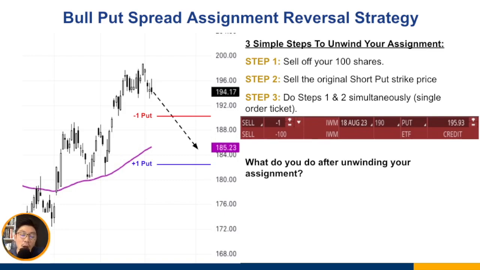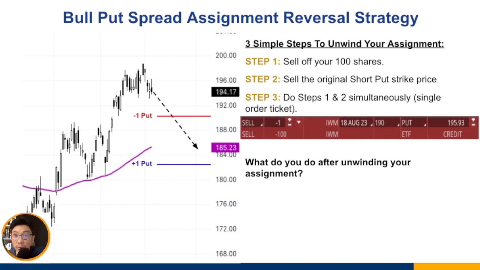Because now remember, although you have unwound your 100 shares, you have now put back on the short put strike, which had already been assigned before. So if it had already been assigned before, there's still going to be the same risk that you're going to get assigned again, right? And especially if your broker somehow charges you an assignment fee, then you're going to keep getting assigned for no reason, and then you're going to keep paying the broker this assignment fee, right?